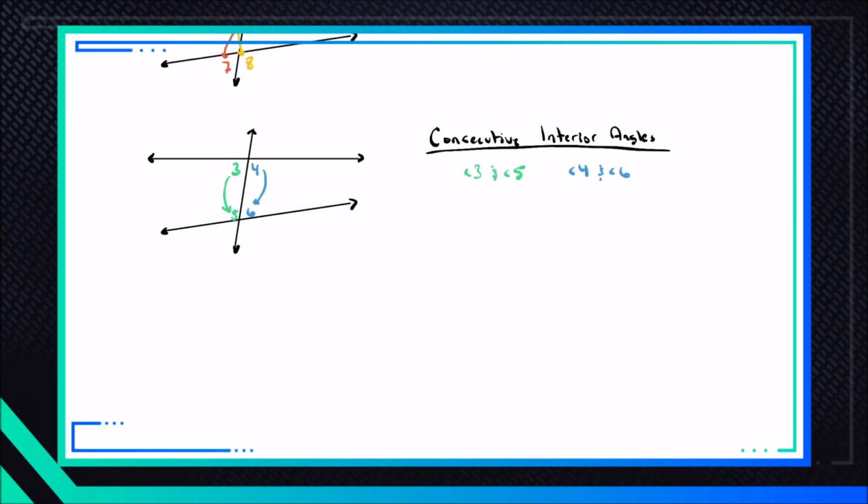And for our final example, I'm going to draw a set of lines, and we're going to cut those with a transversal. Let's go ahead and do this one this way, and this one this way. And then our transversal is going to be this way. So we're going to take that model that we just had and rotate it 90 degrees. So we have in red here angles 1, 2, 3, and 4, and then angles 5, 6, 7, and 8.